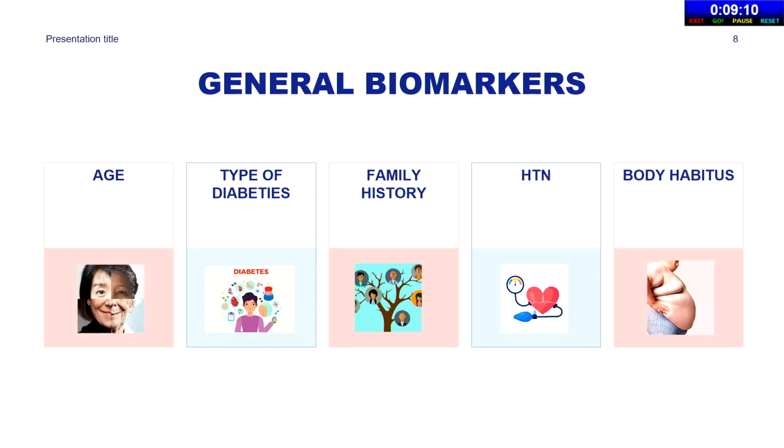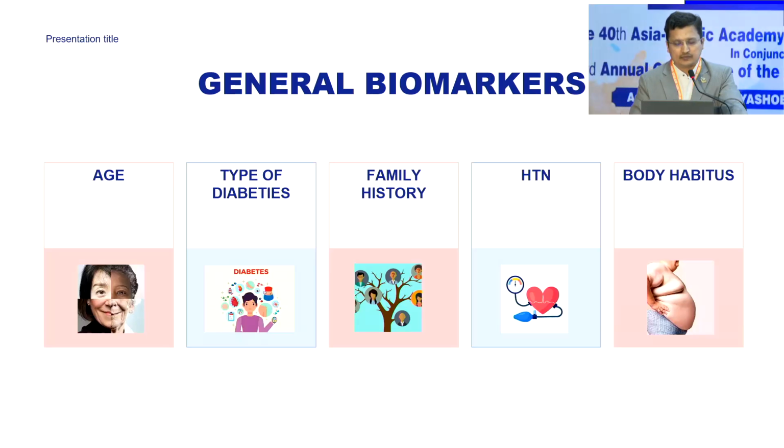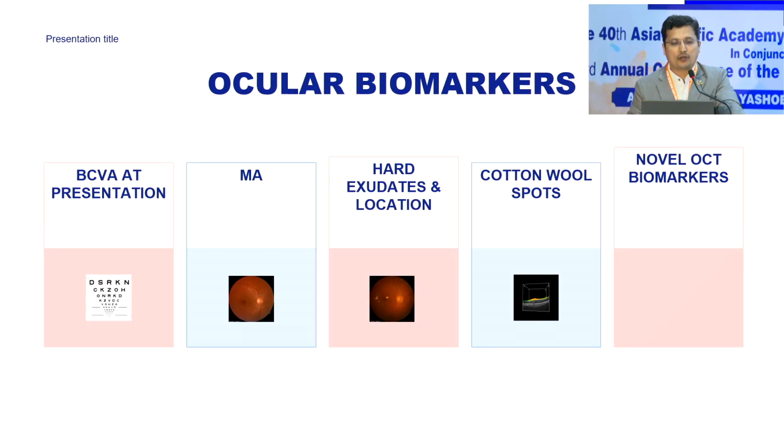In general, it's age, type of diabetes, how poorly or how well it is maintained, family history, hypertension. And among the ocular ones, the most important is the visual acuity at presentation. The better the visual acuity, the better is the improvement that we see.